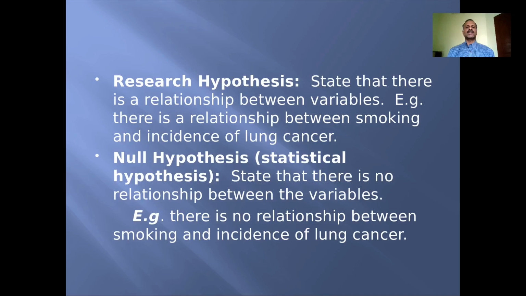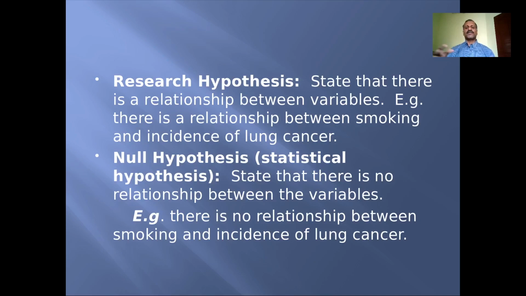before starting the study. We say a research hypothesis is formulated, but this cannot actually be tested. The researcher will be able to convert that into a testable form so that it is amenable for statistical testing. For that, we convert all the research hypotheses into a null hypothesis, stating that there is no relationship between the variables. That is a testable form.